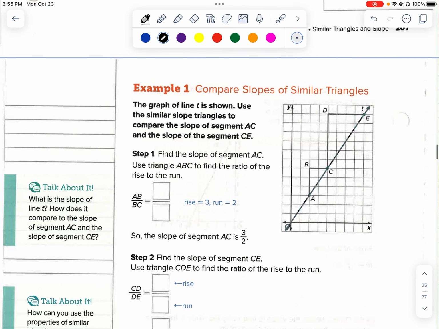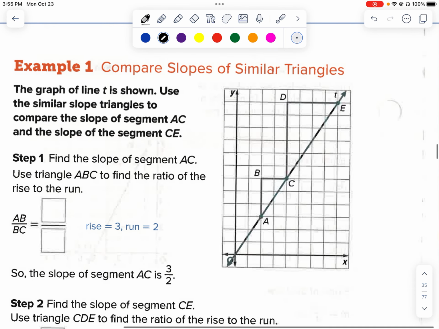Okay, so let's look over here at this one. We're going to find this AB, this right here. So we go up 1, 2, 3. We go over 1, 2. So the rise is 3, the run is 2. Then we're going to do it with the other one.